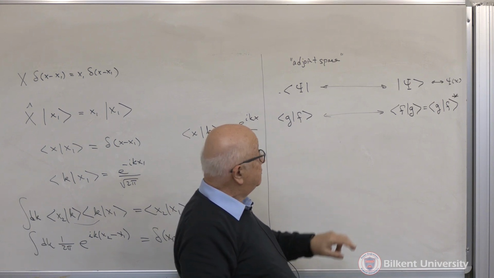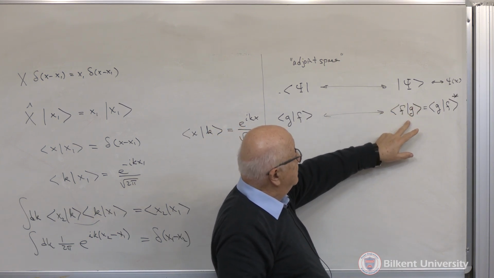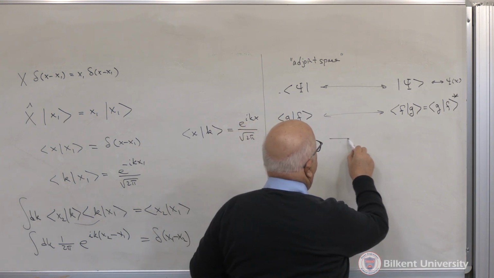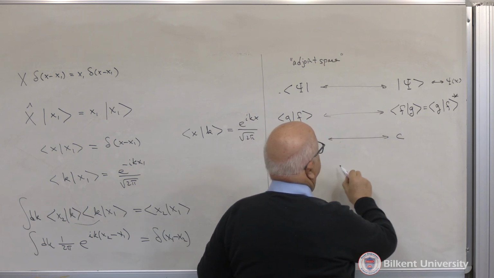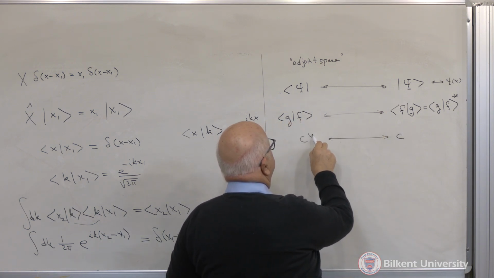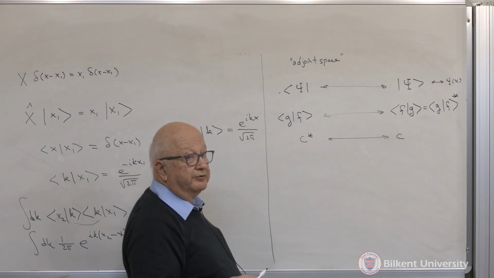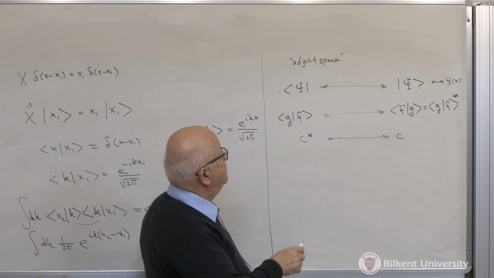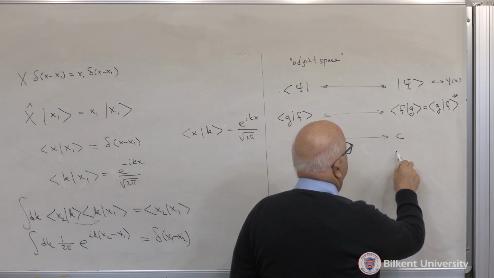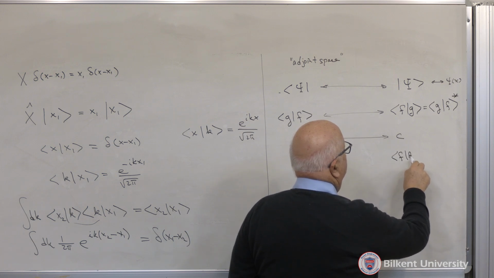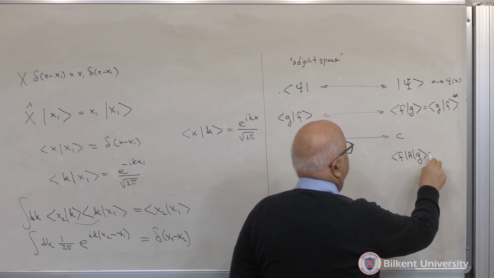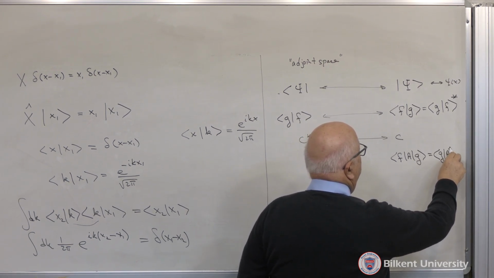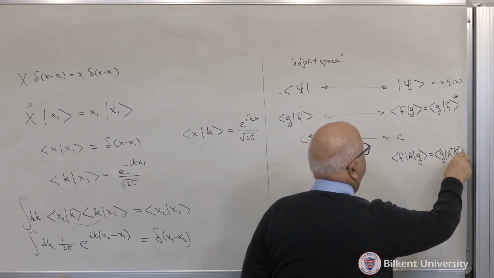So a constant here, this is a number, goes to its complex conjugate. In more general terms, we can write C in the adjoint space becomes C complex conjugate. Similarly, if we have something like F A G, we know that this goes to G A adjoint F complex conjugate.